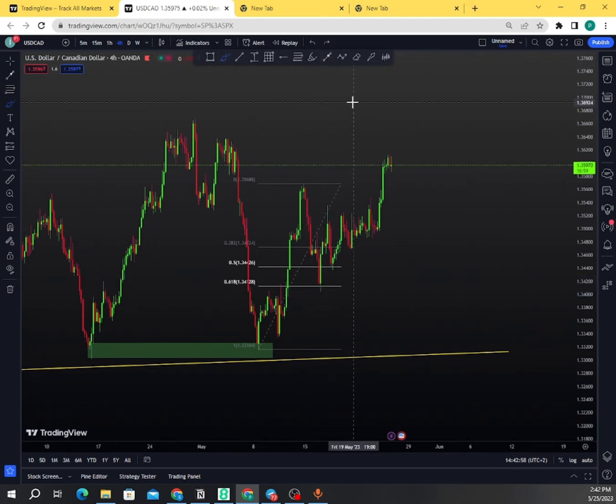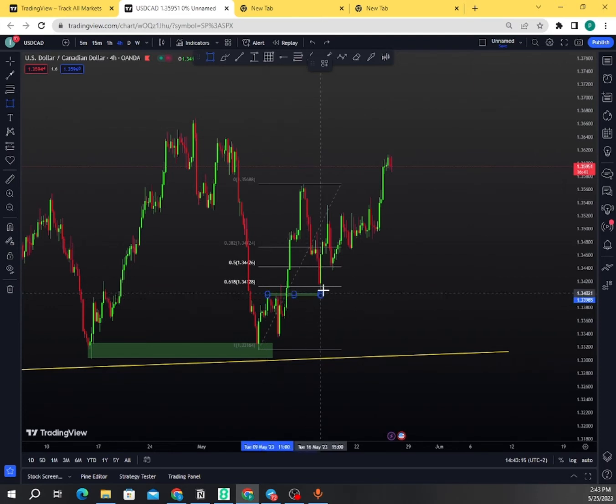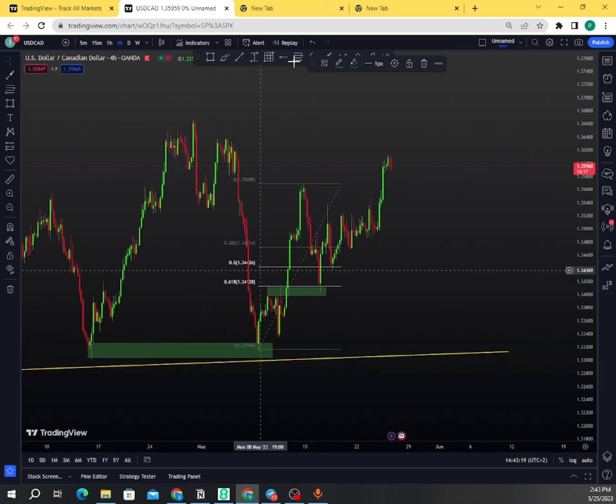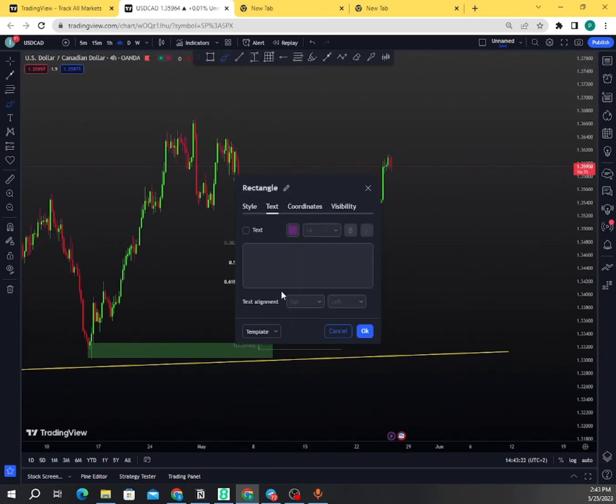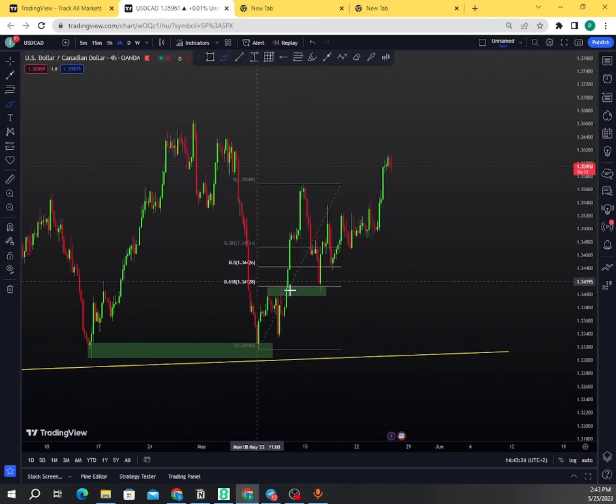That gives me a confluence, because I already have my first confluence, which is the Fibonacci retracement, telling me that price is respecting the 0.618 level, so it might continue going up. But looking left, I saw that there was also a supply here. There was also a previous resistance that now was turned into support.